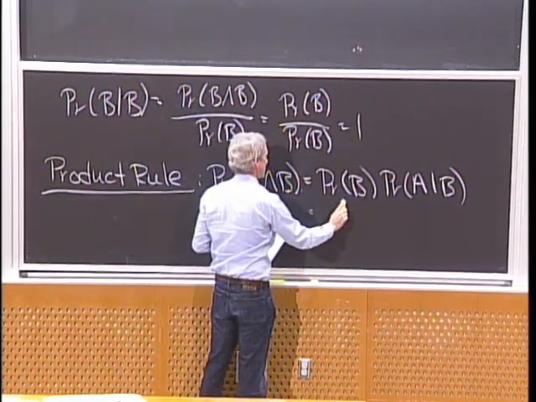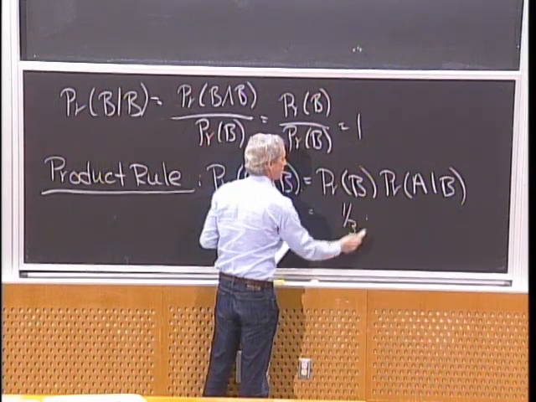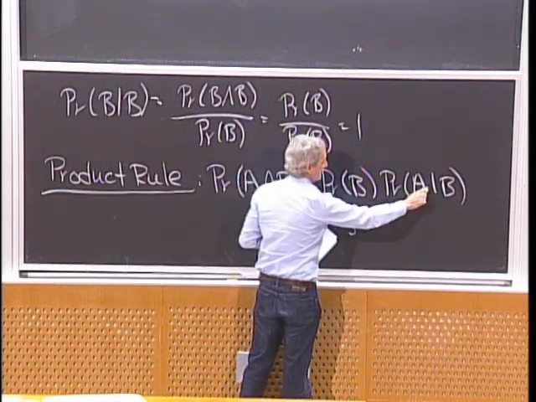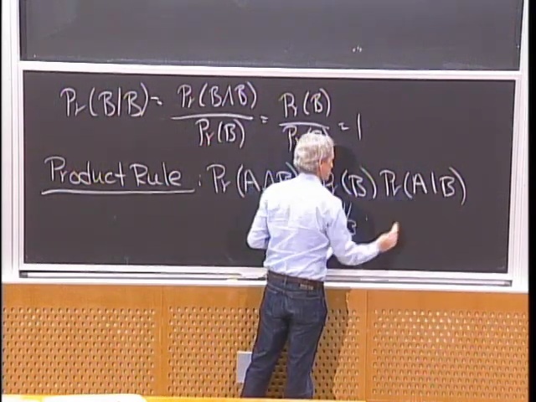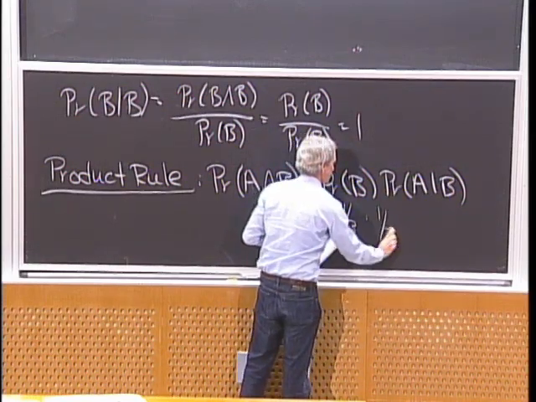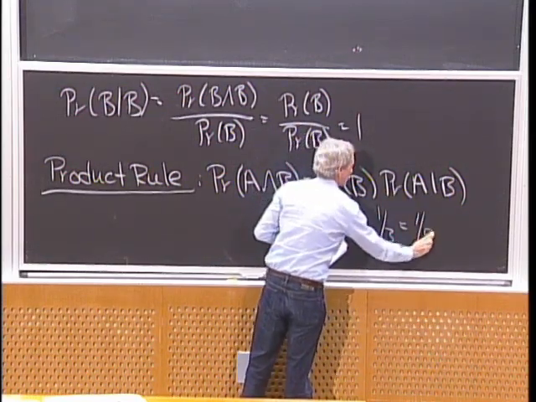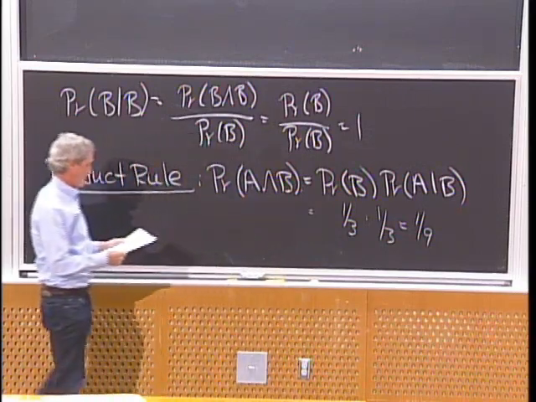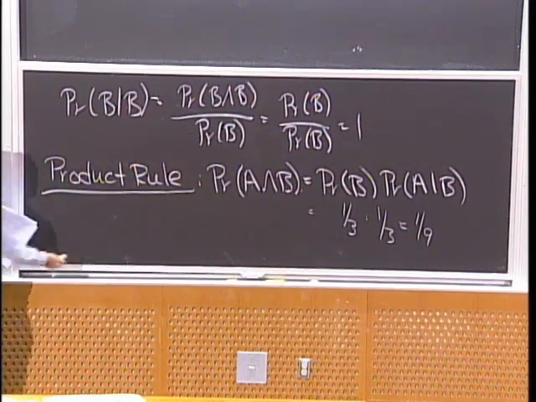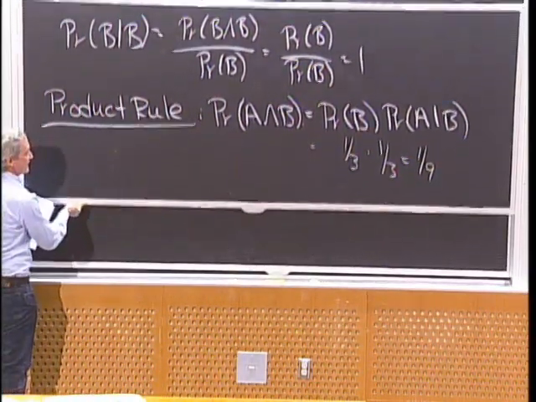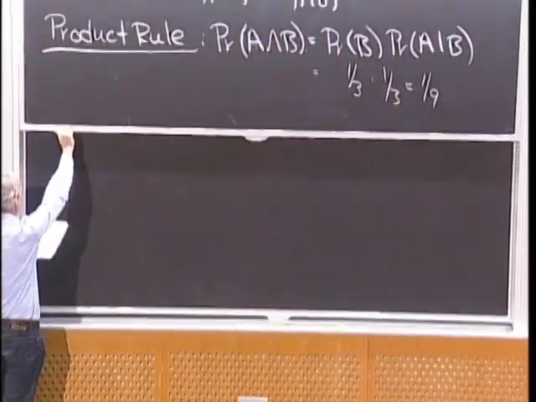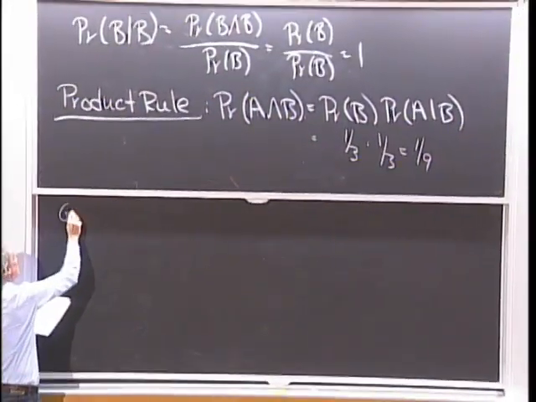Well, that's the probability that the contestant chooses it, 1/3, times the probability that Carol put it there given that the contestant chose it, or actually vice versa, which is 1/9. And this extends to more events. It's called the general product rule.